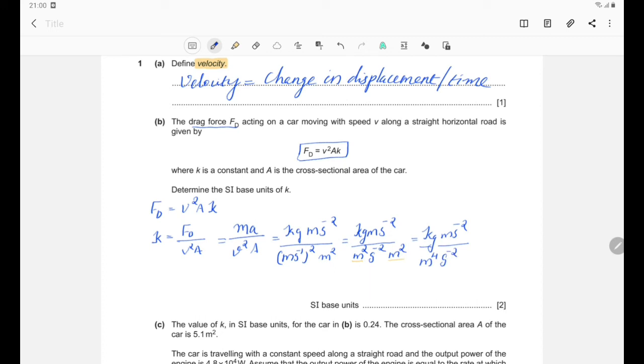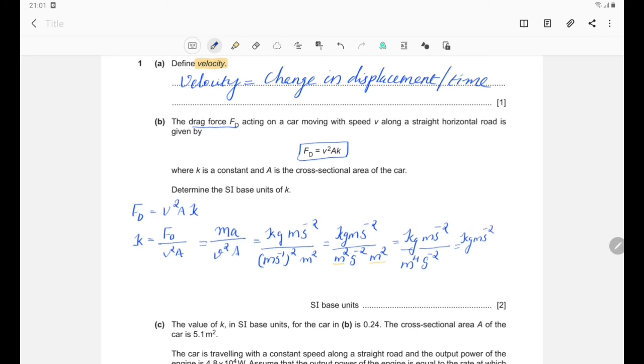Next step is you can take whatever you have got at the denominator to the numerator. So already kg m s^-2 is there at the numerator. Then this m^4, when it comes to the numerator, it will become m^-4. Likewise s^-2 will become s^+2. Now if there is anything common you can combine.